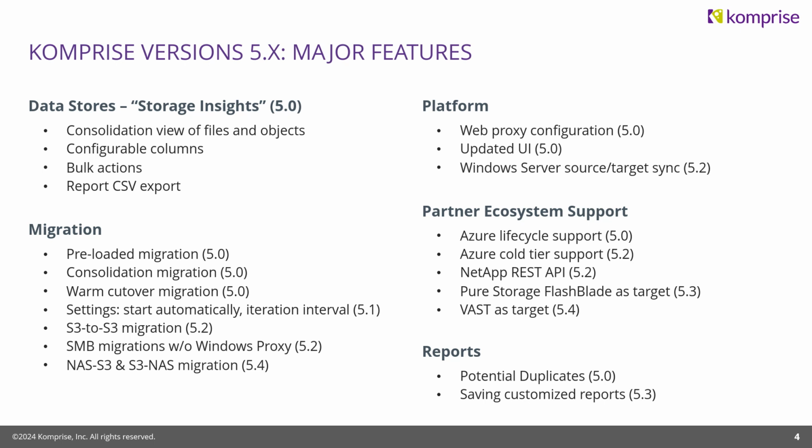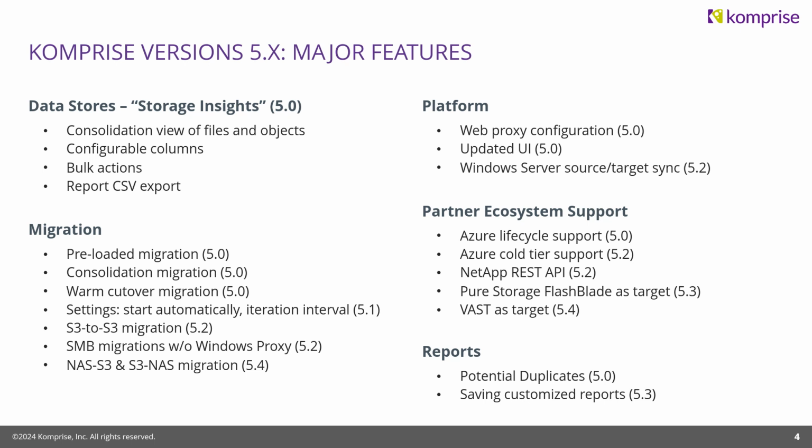So object to object was introduced in 5.2, and NAS to object and back or object to NAS was introduced in 5.4. And we have KCP for SMB now. So it started out with migration, so you can do SMB migrations without a Windows proxy. We will be adding KCP for SMB to other areas of the product as well going forward.